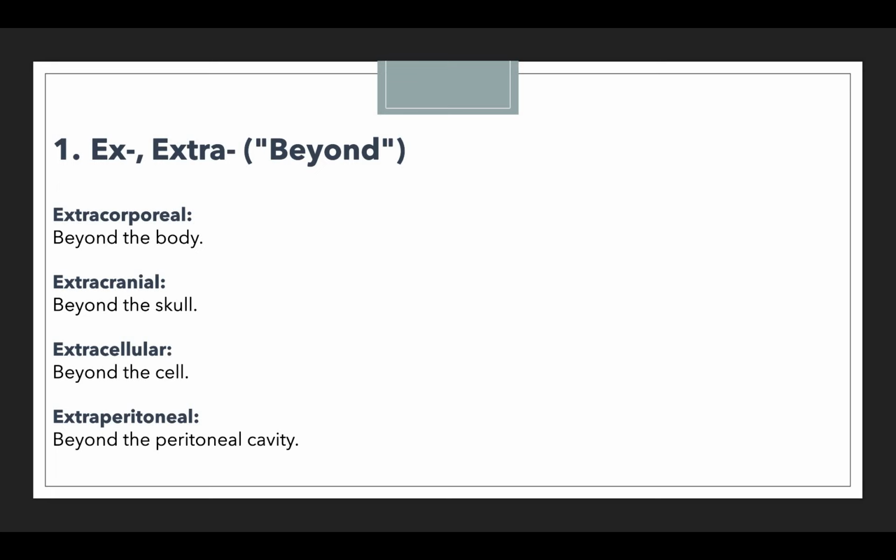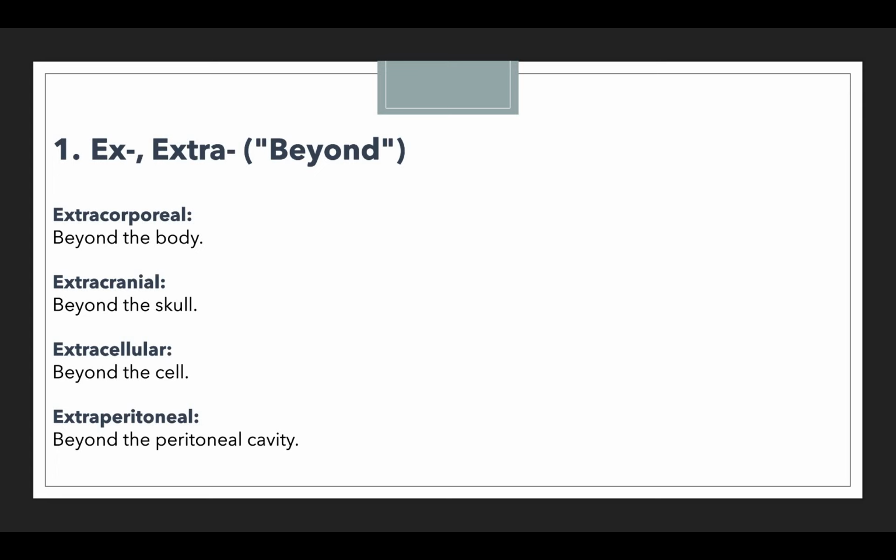Got it? Fine. Now we know these are the prefixes, but when we are learning medical terminology, sometimes it might be confusing to identify how they are used. So to make it much clearer, we will see some examples.